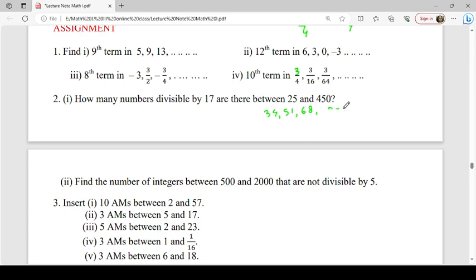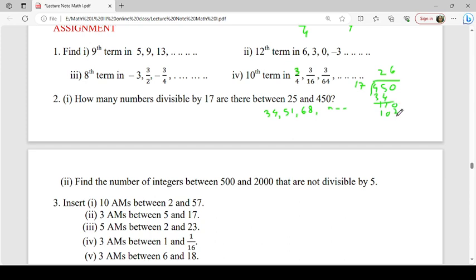And the last term will be, we divide 450 by 17. What do we have? 2, it is 34, then it is 110, then 6 into 17, it is what? 6 into 17, 2, 10, means remainder is 8.